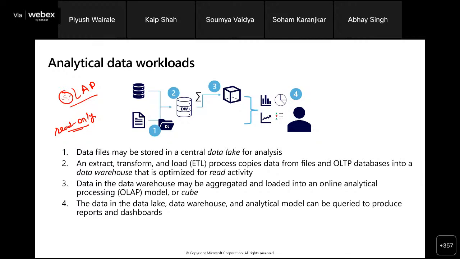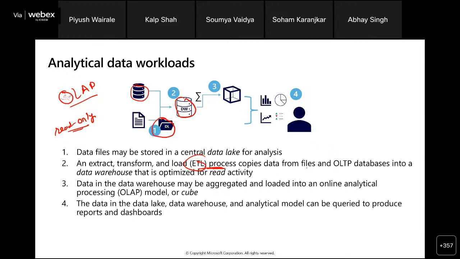The data files may be stored in a central data lake for analysis. A data lake is basically storage where we put data in all formats, such as relational databases or any files. We take the data and put it into a data warehouse using the ETL process, extract, transform, load, which we'll discuss in detail.